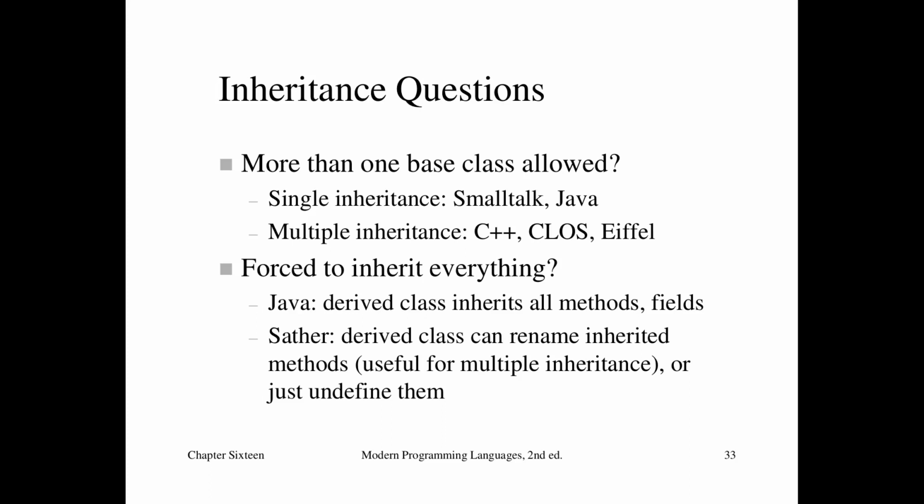In Java, this is what we call the extends keyword. We can also implement interfaces, but that's not inheritance in the same way. That's realization. It's a different concept. But in languages like C++, Eiffel, or the Common Lisp Object System, we have the capability of multiple inheritance, multiple classes we can inherit from.